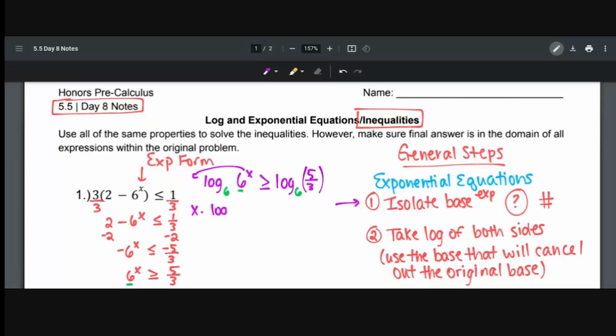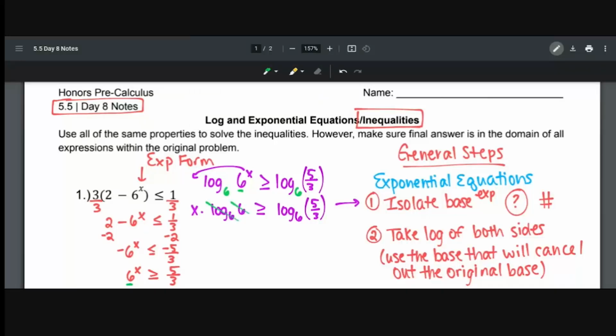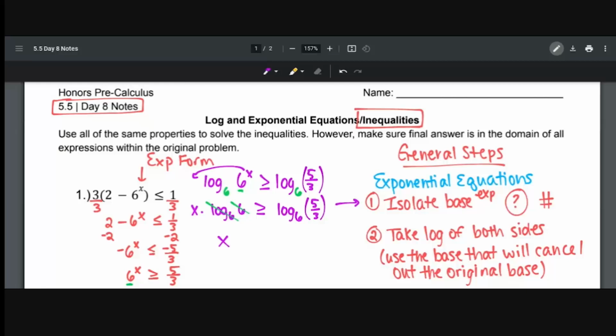And I've got x log base 6 of 6 is greater than or equal to log base 6 of 5/3. And then now log base 6 of 6 cancels out because that's equal to 1. 6 to what power gives me 6? That's 1. All right, so now I just have x is greater than or equal to log base 6 of 5/3.